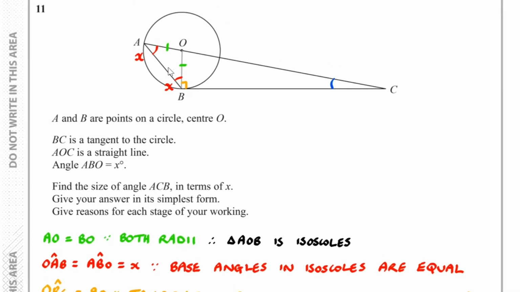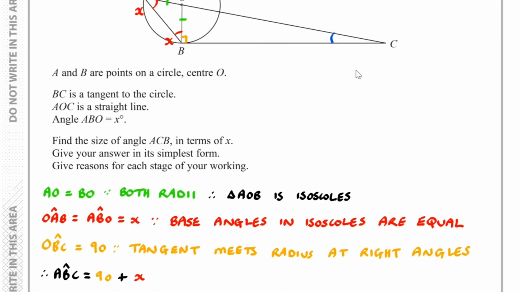And so because we know this angle, we can find out what this angle is, recognizing that the sum of the angles in a triangle add up to 180.